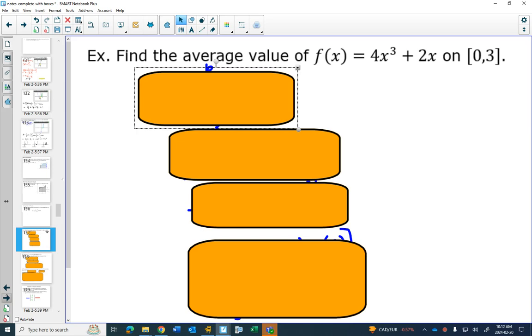So we're going to find the average value of f of x. If you plug in 0, you would get 0. If you plug in 3, 4 times 27 is 108, plus 6, 114. So it goes from 0 to 114. But the question is, what is the average on this? Oh, this is a good one. Maybe these are your grades.